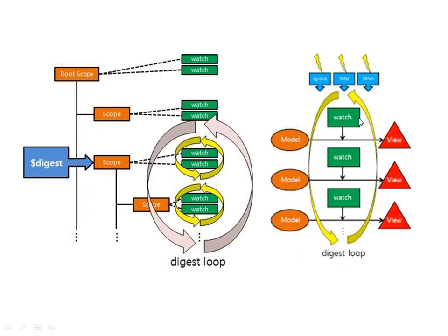So first we will see the right side diagram. This is the watch model view. Imagine there is an imaginary controller here which has a scope. The scope has three values. Values are nothing but models, right? Name, age and location, for example. This is bound to the view.